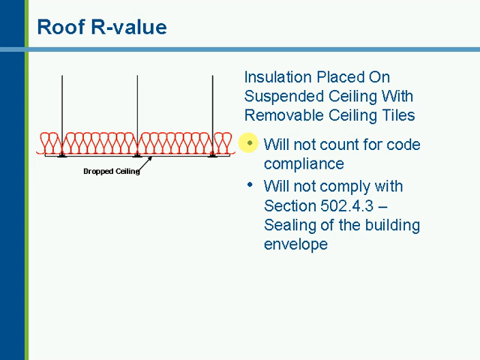To count the drop ceiling as an air barrier, you would have to seal every joint within the drop ceiling, including the recessed lights and things like that. So again, this was implied in the 2003 IECC, but it's firmly stated in the 2006 IECC. If you want to insulate the roof assembly, the insulation will have to be placed up underneath the roof deck or in another place, but it cannot be placed on the drop ceiling.